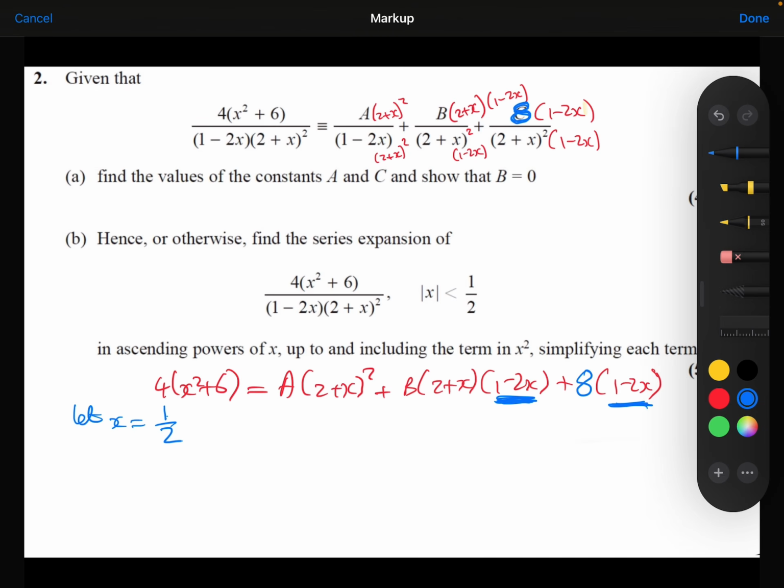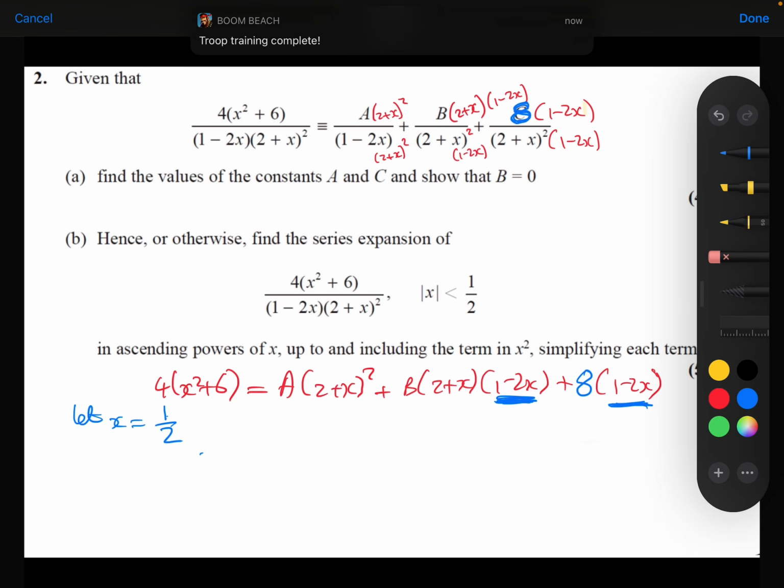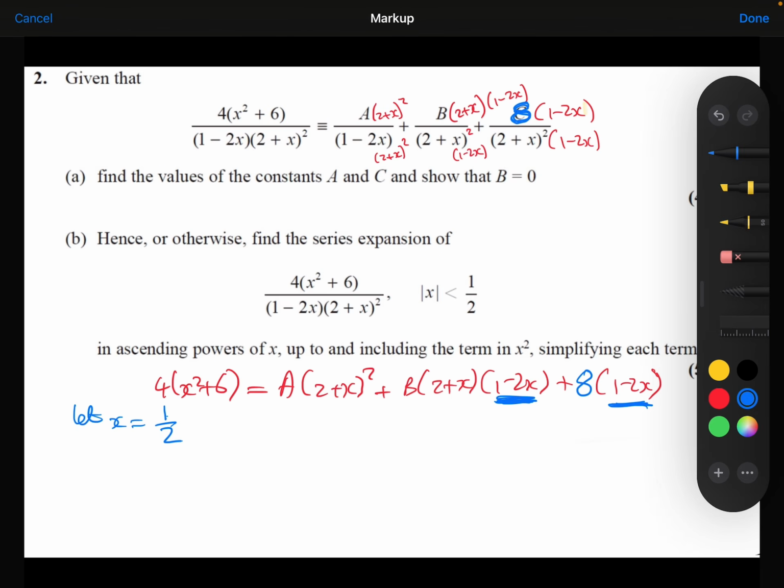So if I substitute the 1/2 in, I get 4 times (1/2)² plus 6. Working that out, I'm going to get 25. So that's equal to 25.